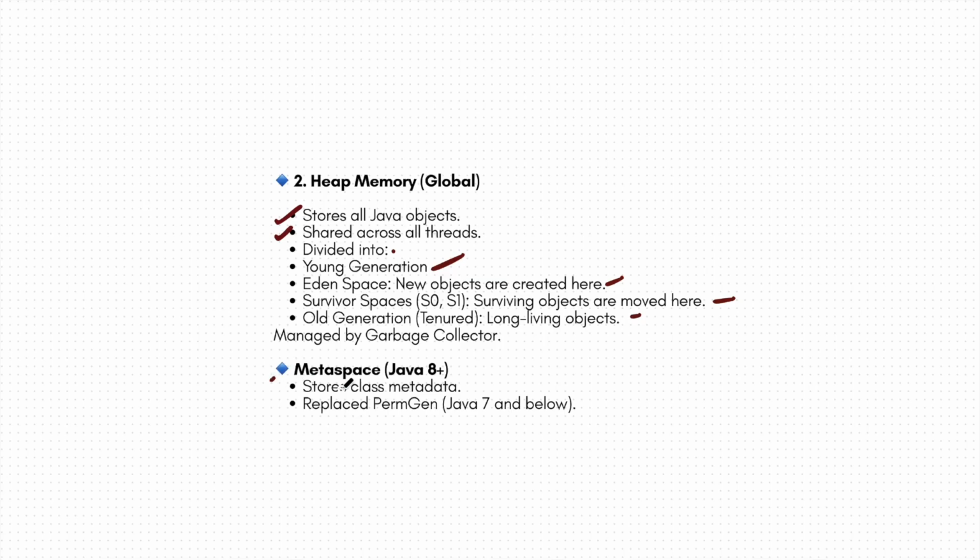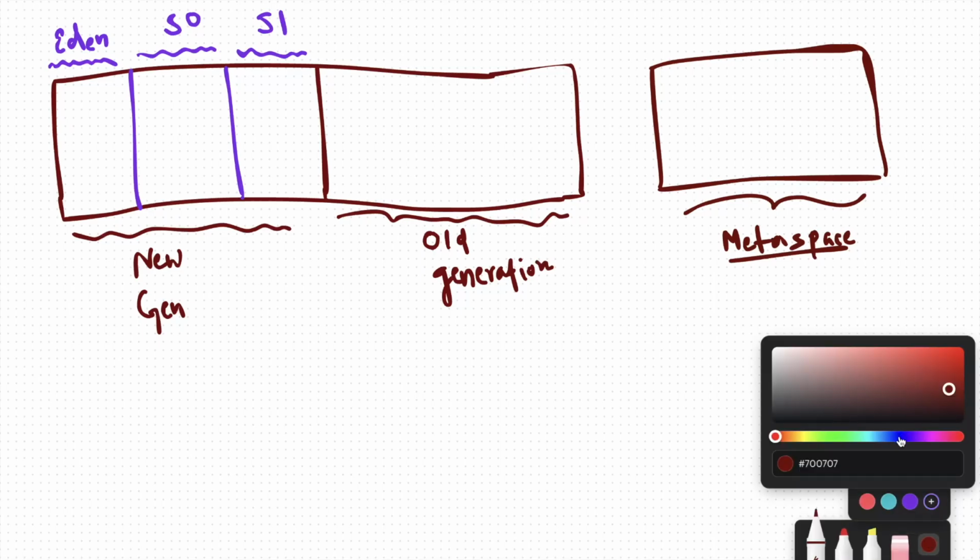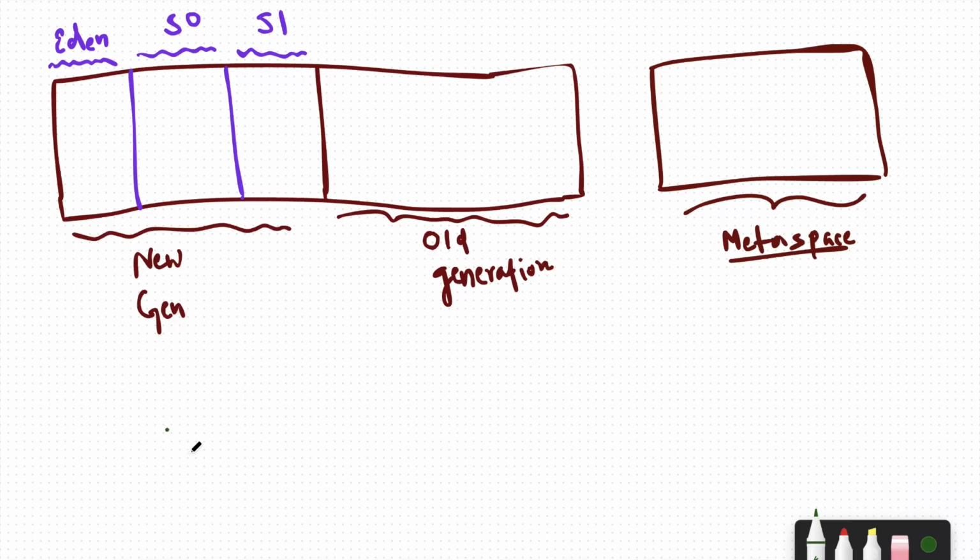Initially, when Java was launched, it was called PermGen, and now it is called metaspace. It basically stores all the class metadata. I will tell you how it is stored. Cool. So first of all, let's deep dive into how objects are created, how objects are destroyed, and how the data is passed to different generations of the memory. Alright. So first of all, as soon as you create a new object, how do you create a new object?